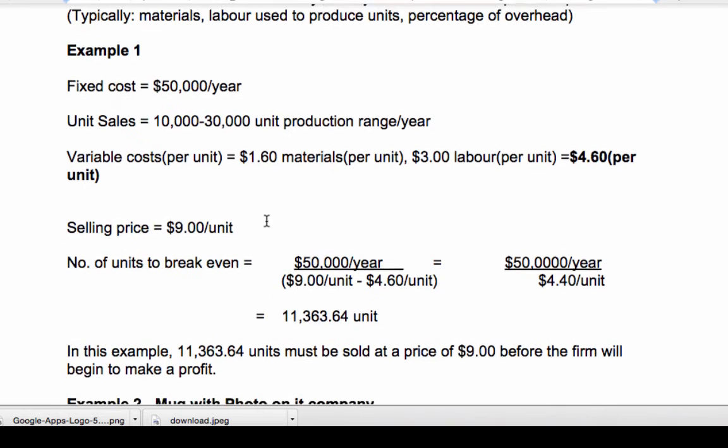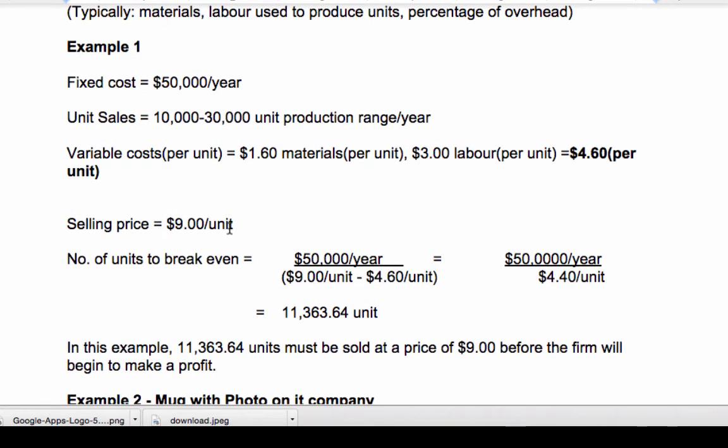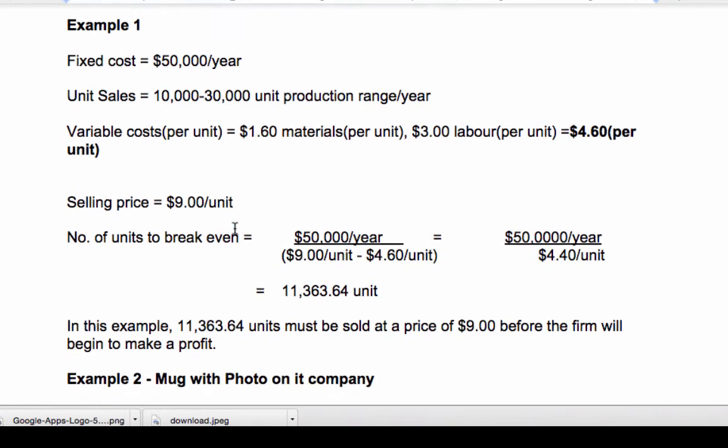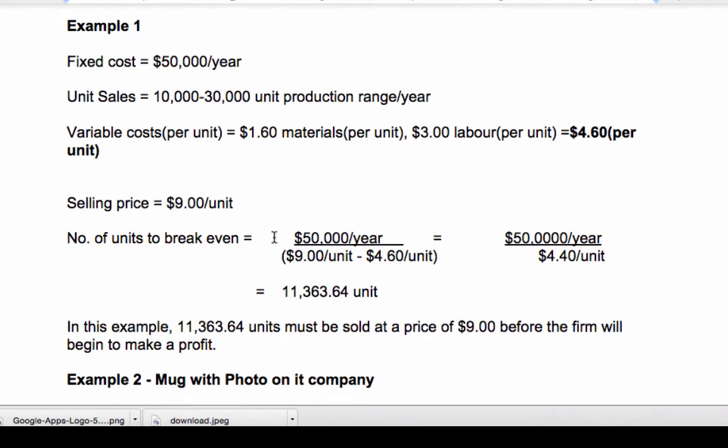So if they sell each one of those pairs of slippers for $9 per unit, this is how we're going to put it into our formula. So remember fixed costs, which is $50,000, and our revenue, which is our selling price per unit. So it's $9 to sell our slippers, and it cost us $4.60 to make each pair of slippers.